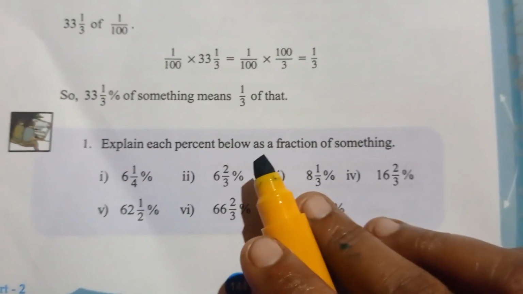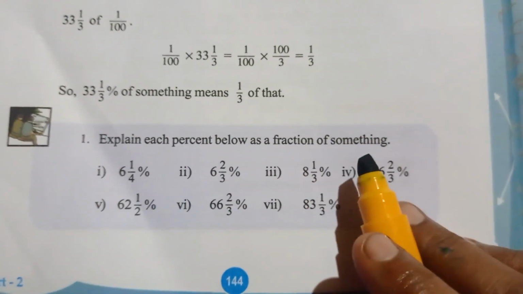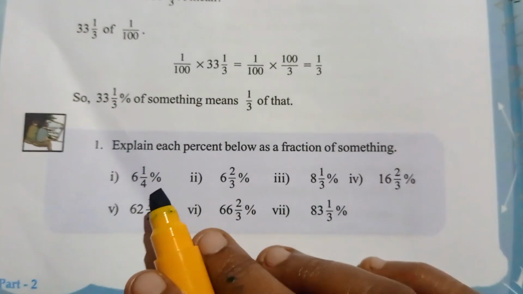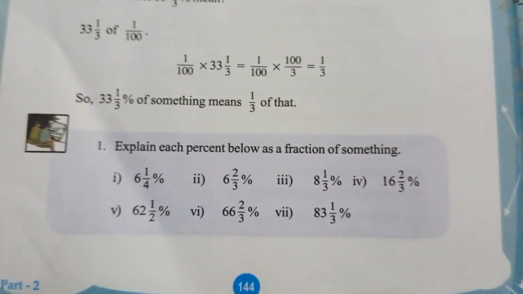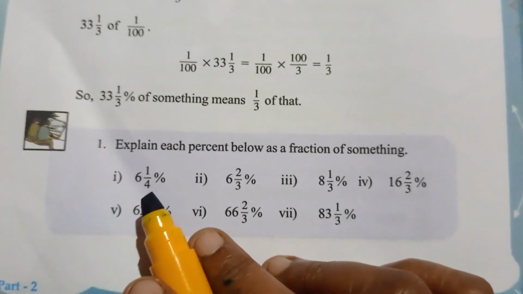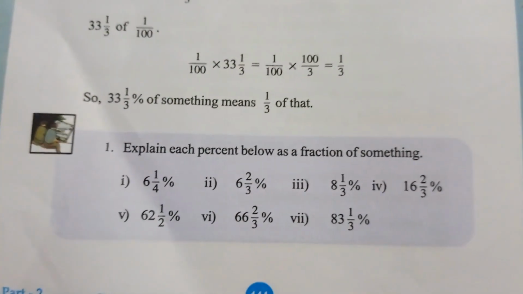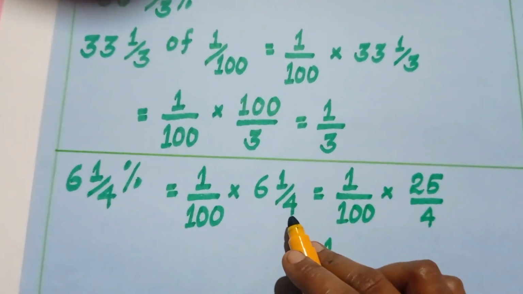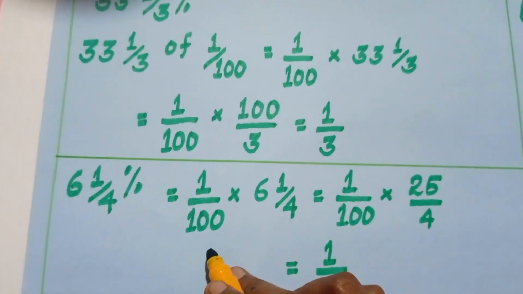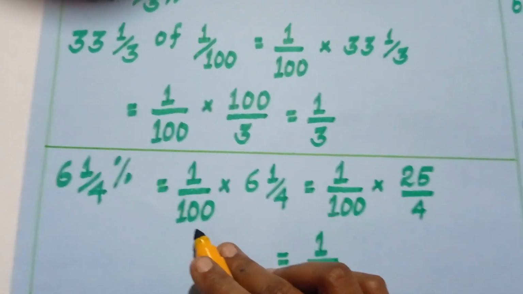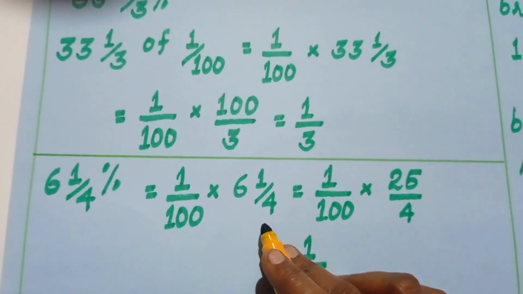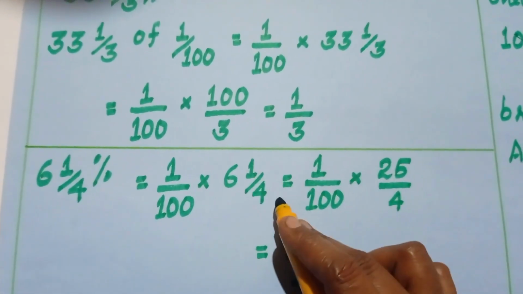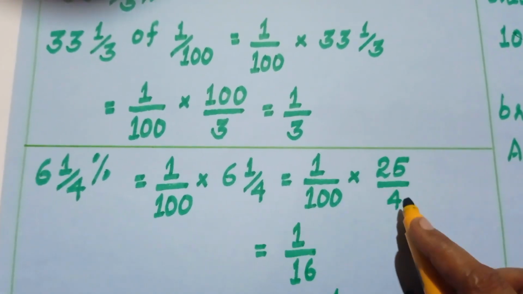Explain each percent below as a fraction of something. Here percent is given, and this can be expressed as a fraction. First one, 6 and 1 by 4%. 6 and 1 by 4% means 6 and 1 by 4 times of 1 by 100. That is 1 by 100 into 6 and 1 by 4, which can be written as 25 by 4.